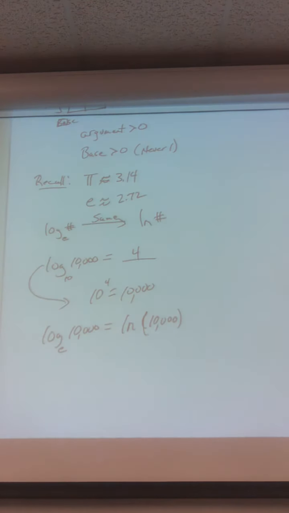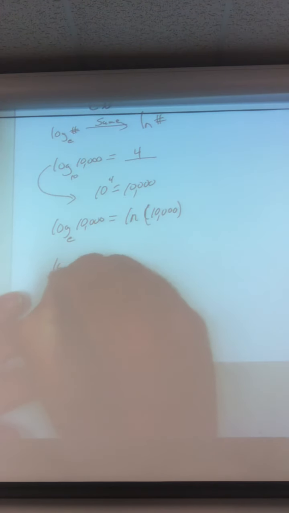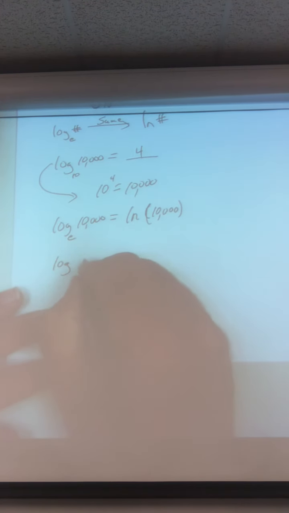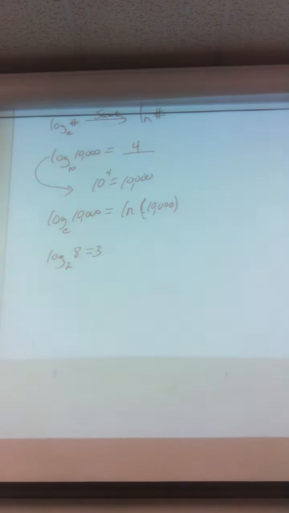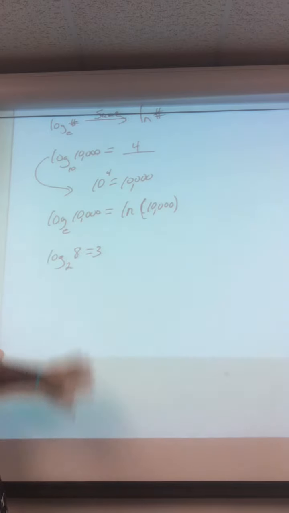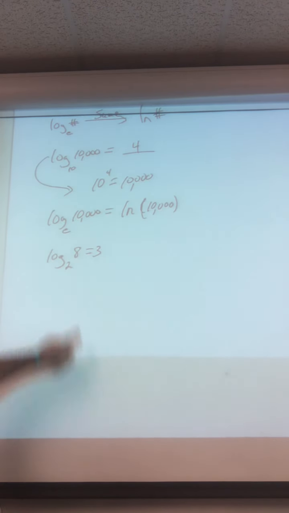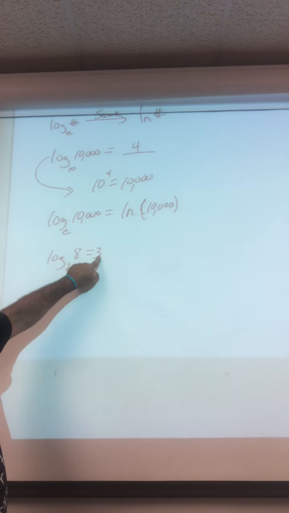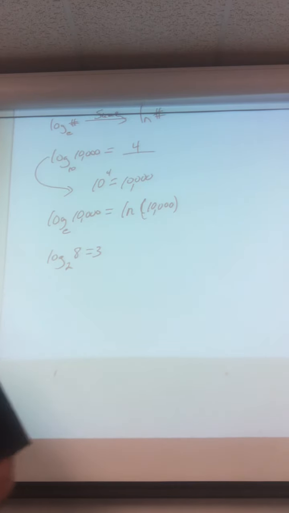All right, so this right here. Why is the log of 8 base 2 equal to 3? Why is that true? Because if you take 2 to the third power, you get 8.